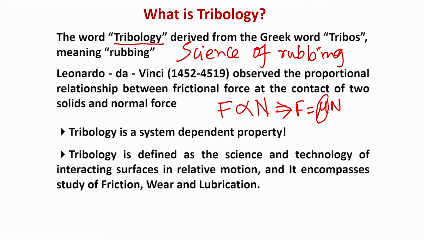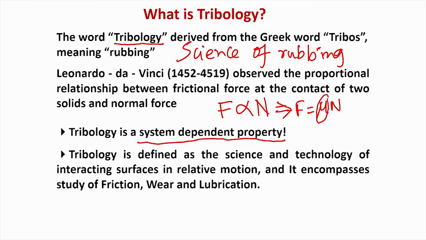One of the main things in tribology that all researchers should always remember is that tribology is a system dependent property. What it means is that friction of steel, or friction of stainless steel, does not mean anything unless one asks what the friction coefficient of stainless steel against alumina is, or what the friction coefficient of stainless steel against aluminum alloys is, for example.